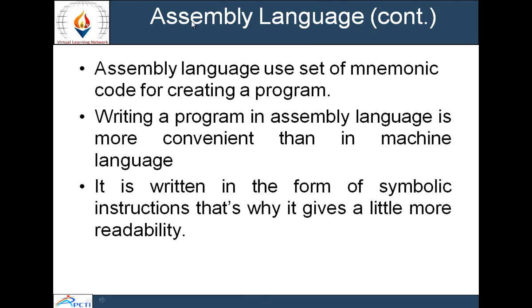Next is assembly language. Assembly language uses a set of mnemonic codes for creating a program. Writing a program in assembly language is more convenient than in machine language. It is written in the form of symbolic instructions. That's why it gives a little more readability than machine language.